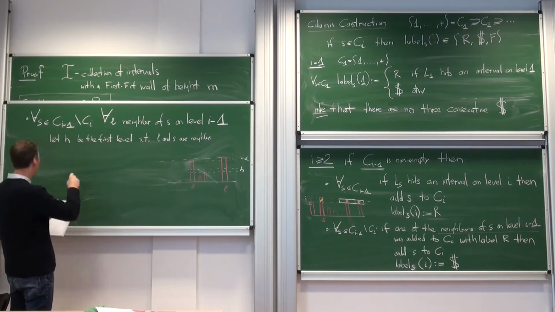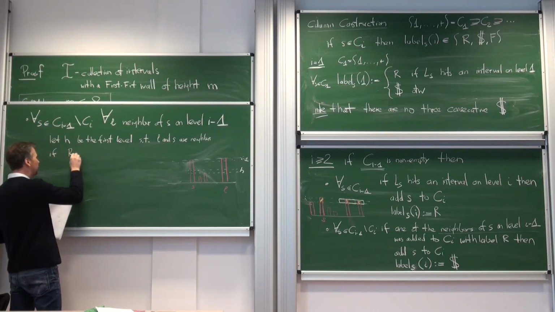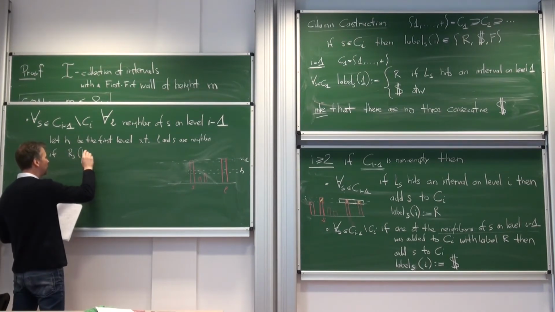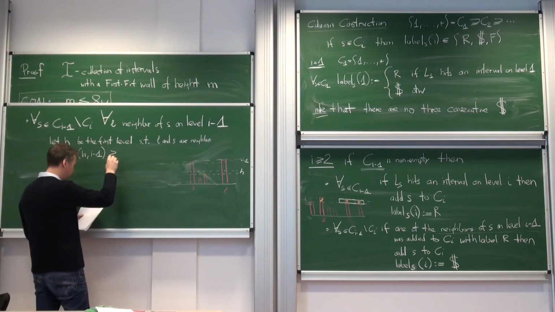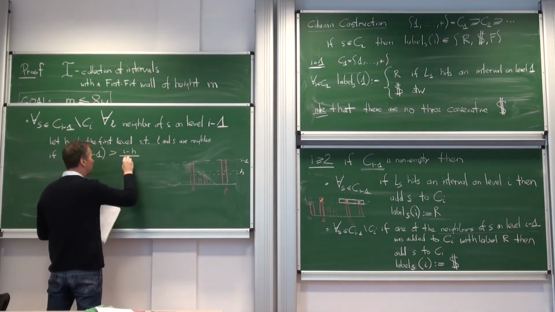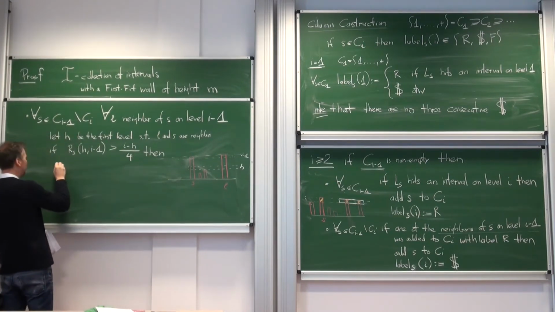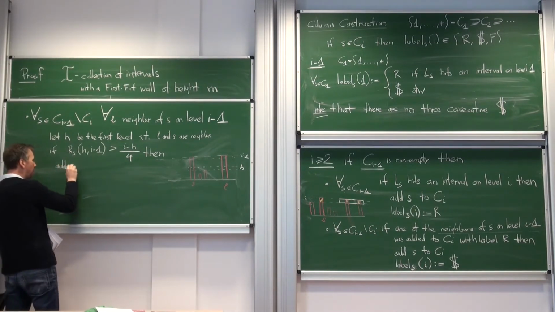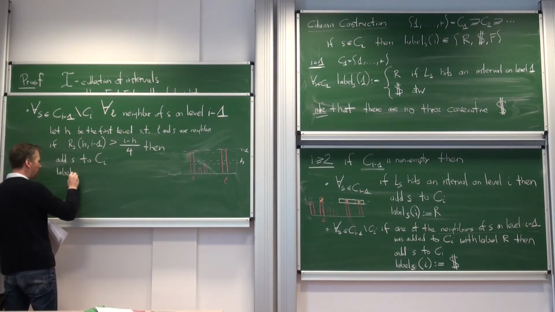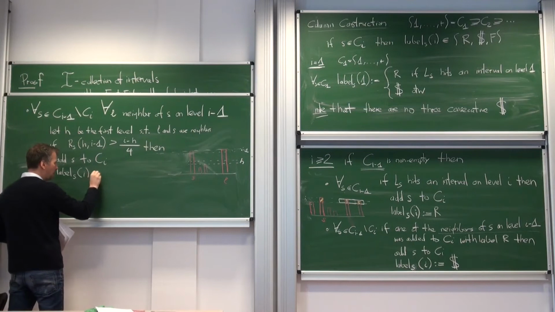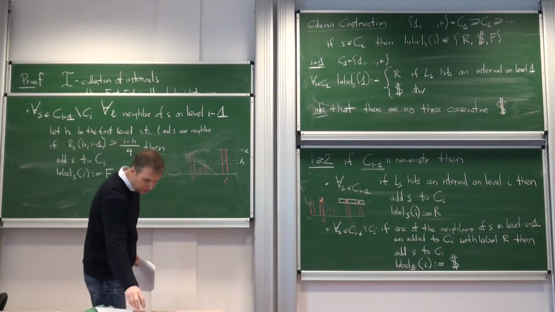So now, if the number of R's in column S in cells from H to I-1 is greater than I minus H over 4, then S survives and it gets labeled F. So R of S.